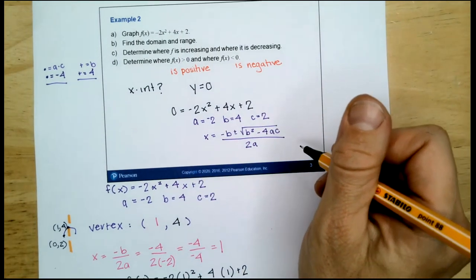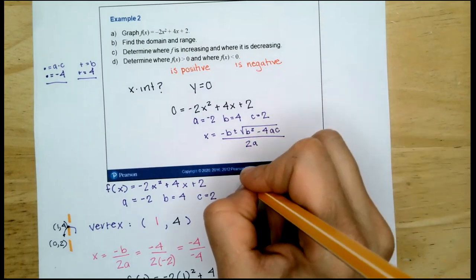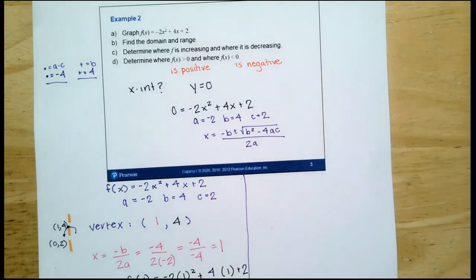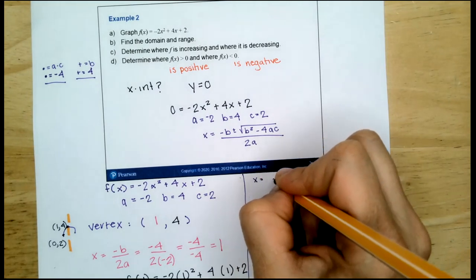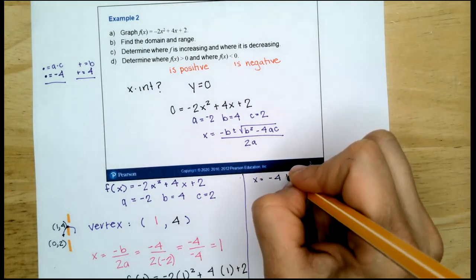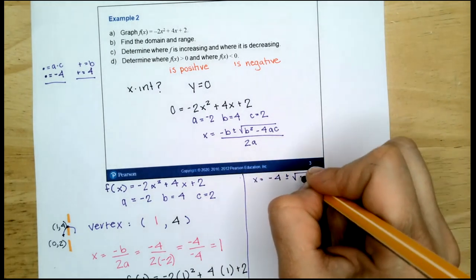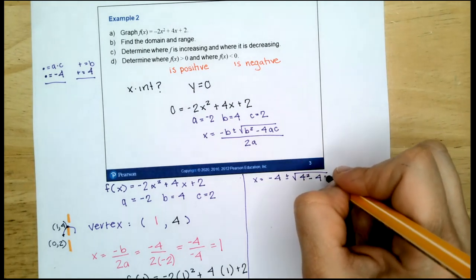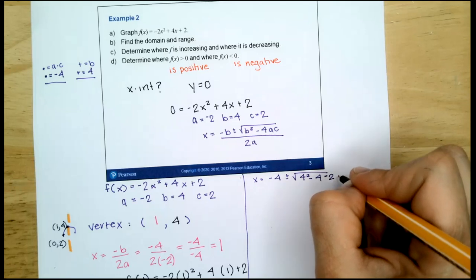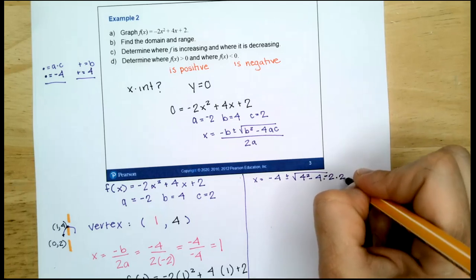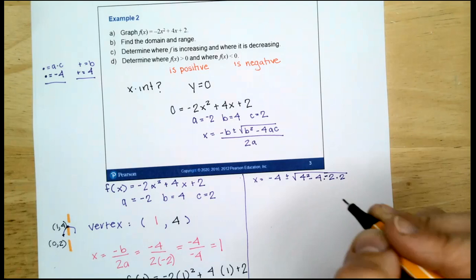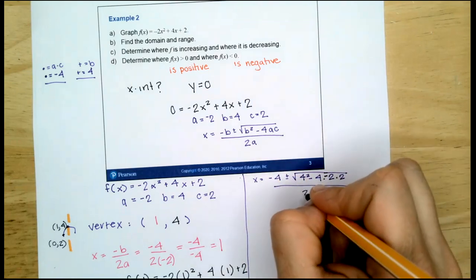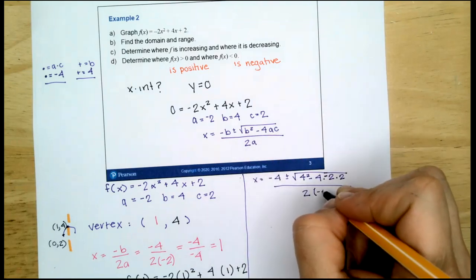When we substitute that, we get x equals negative 4 plus or minus the square root of 4 squared minus 4 times negative 2 times positive 2, divided by 2 times negative 2, right?